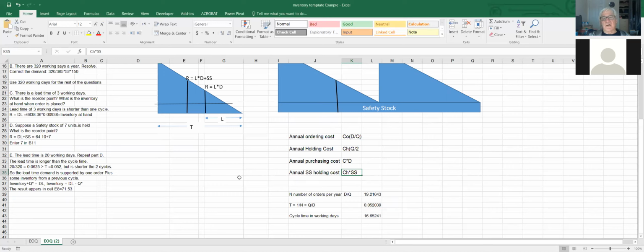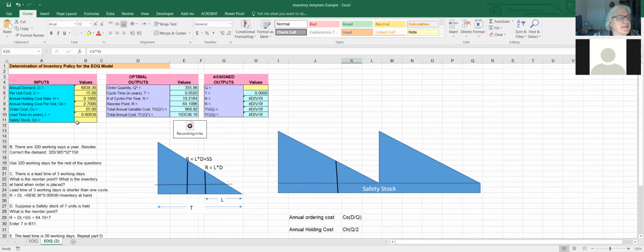And so in our case, if you have 7 units of safety stock, as I mentioned to you here in part D, I'll add 7 here. And now look at the reorder point and look at the total cost. You see the total cost has increased, the reorder point has increased.